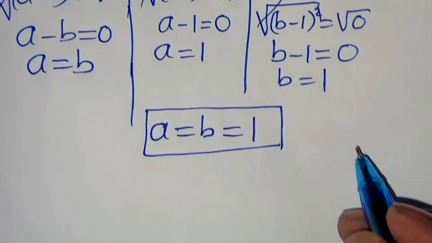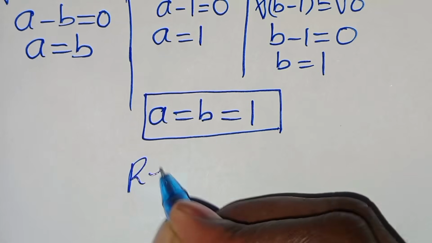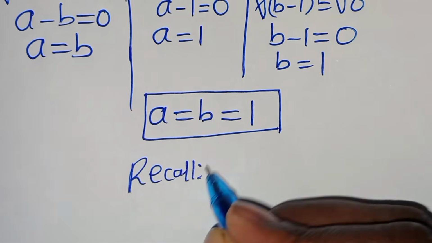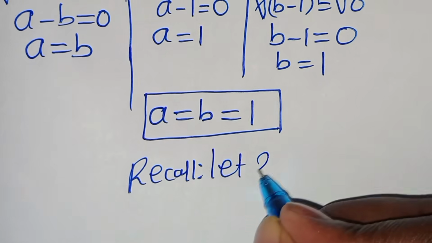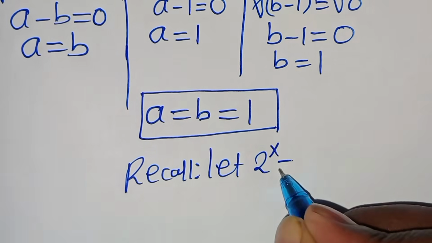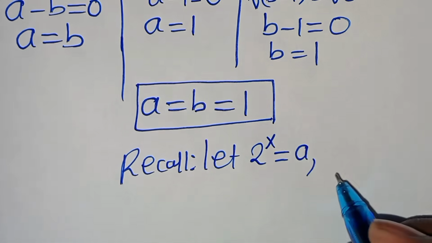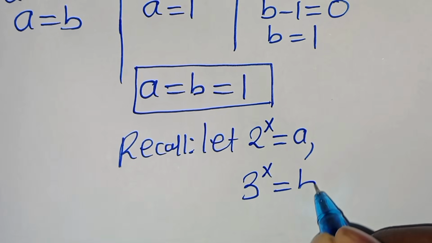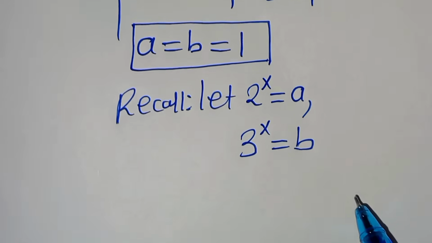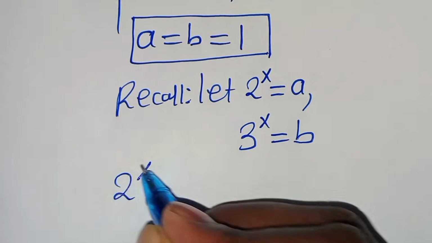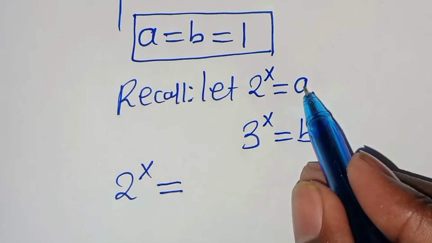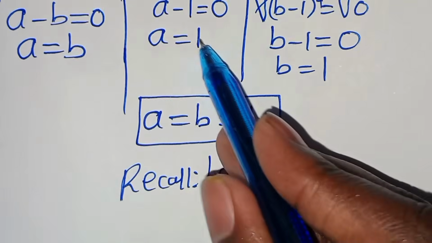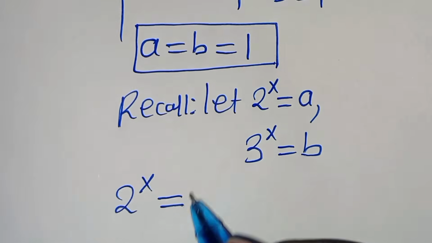Now, if you recall, we have seen that we let 2 to the power of x be equal to a, and we let 3 to the power of x be equal to b. So we have 2 to the power of x equal to a, and a is equal to 1.